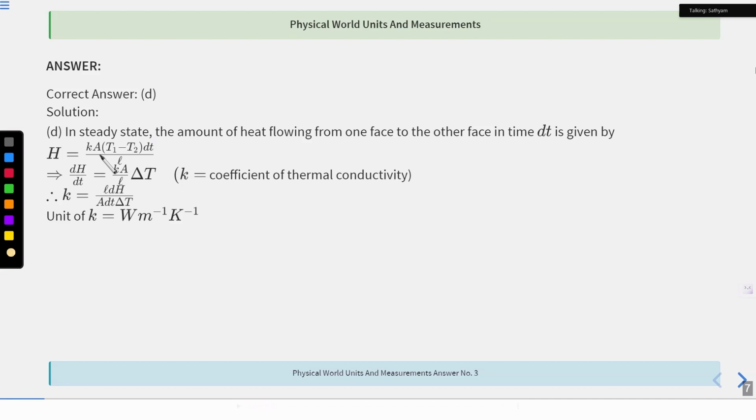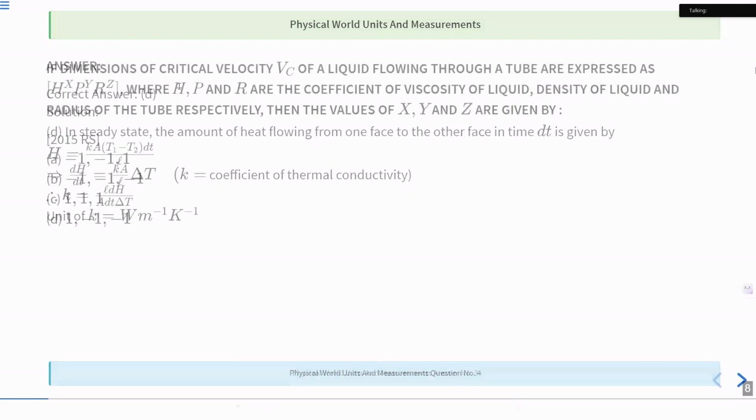Any simple formula, and they can tell you to calculate the dimensionality of a particular constant. As simple as that. So make sure you are clear with the formulas of each and every chapter. That is what is required in JEE Mains. Moving to the next question.